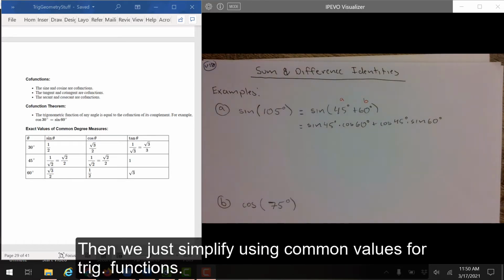Then we just simplify using common values for trig functions.